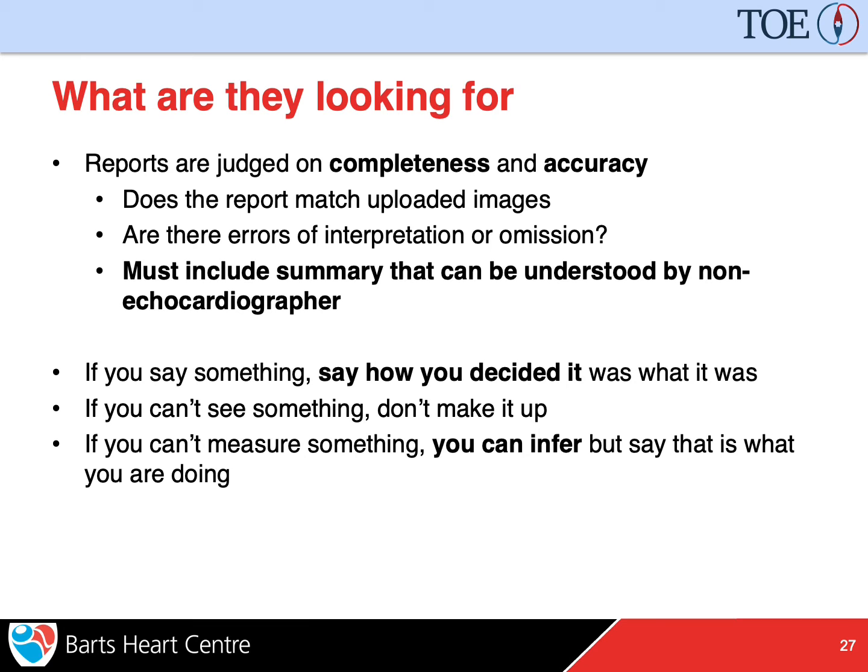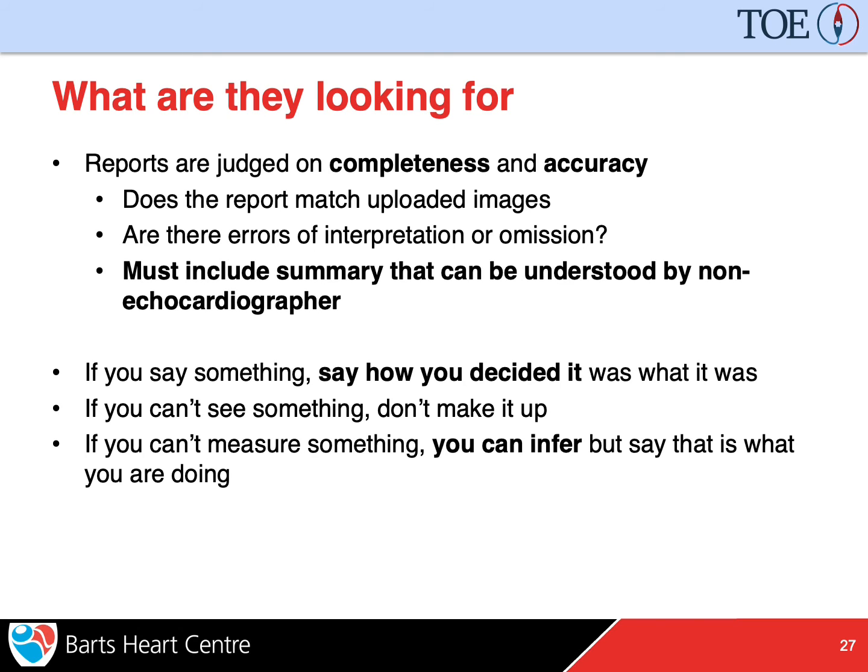There is obviously a lot of pragmatism. So if you say something, please say how you decided it. So if you say that the ejection fraction is good, or that there is good function and it's visual, that's fine. Just say that it was visual. If you report the ejection fraction as poor, but you don't say the Simpsons was X or visually appears poor, then again that doesn't tie in.